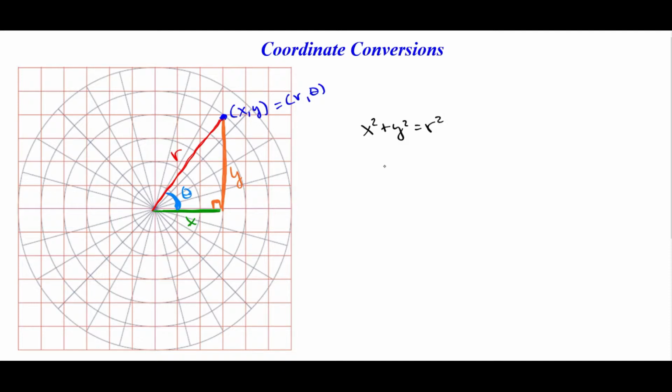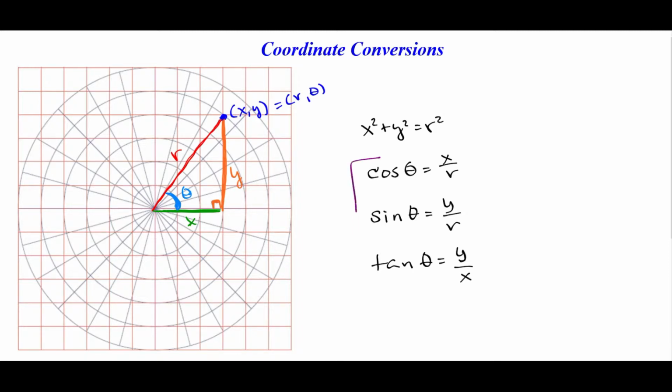We also know from trigonometry that the cosine of theta is the adjacent side over the hypotenuse, so the cosine of theta is x over r. The sine of theta is y over r. The tangent of theta is opposite over adjacent, so that's y over x.